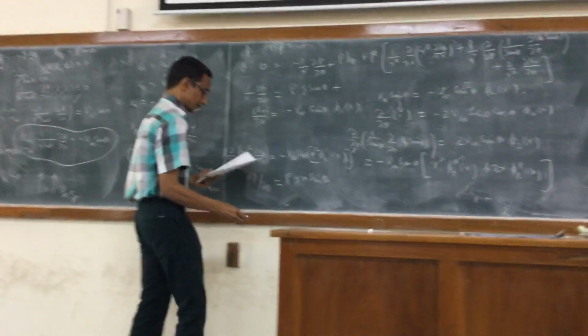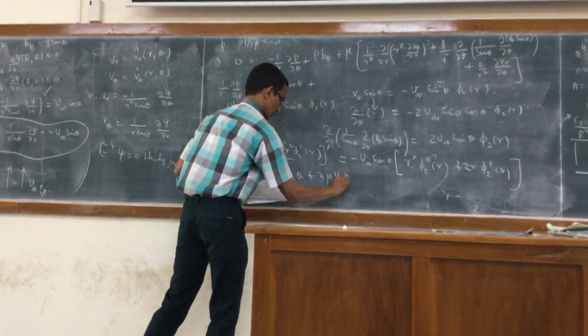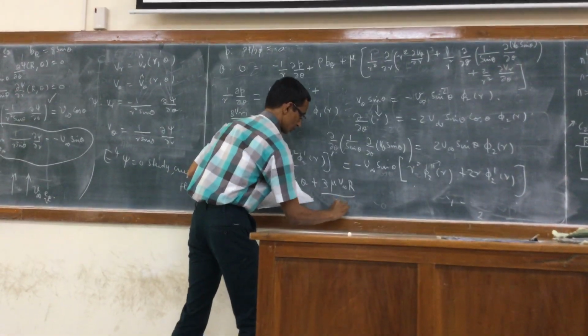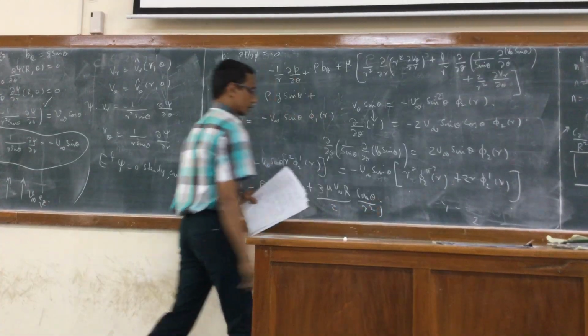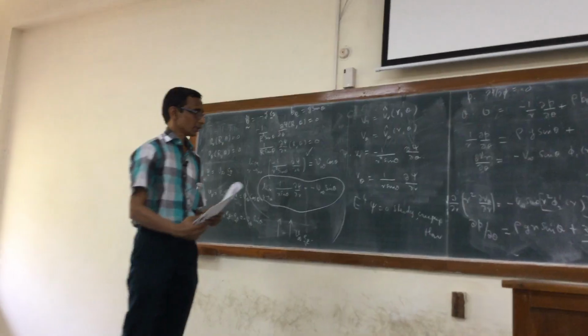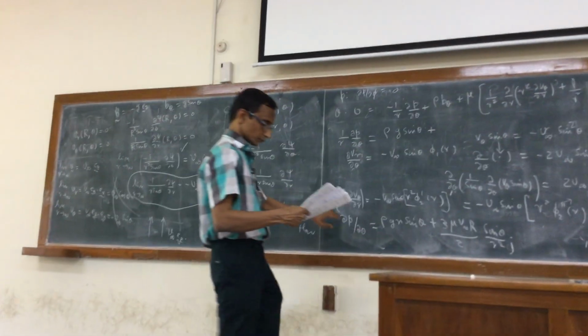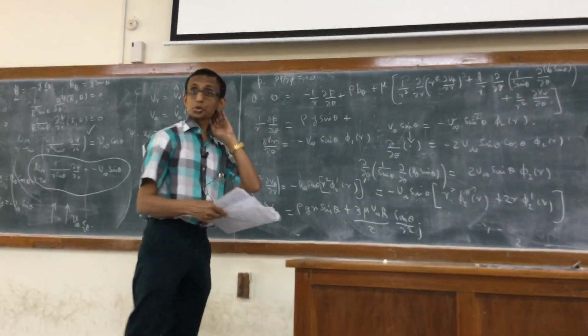Many of the terms would cancel, plus 3 over r squared. This is what you should get.